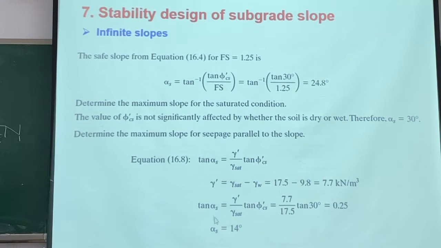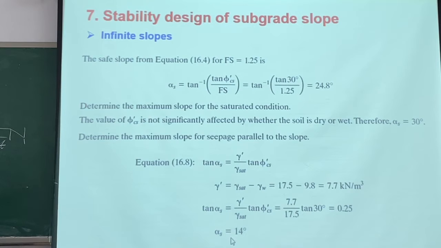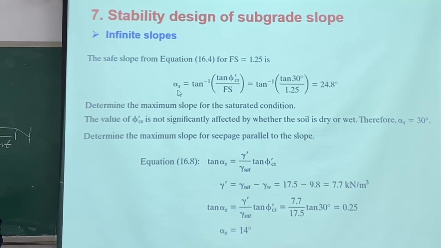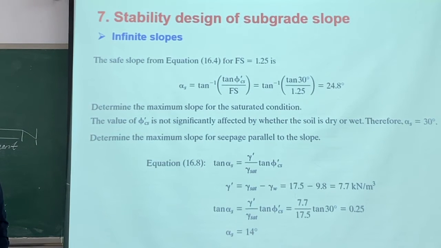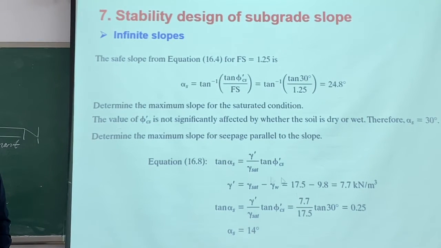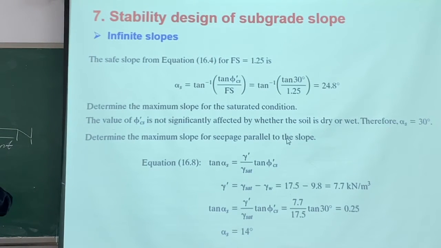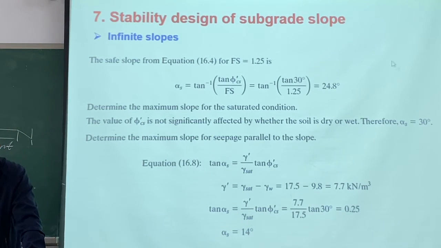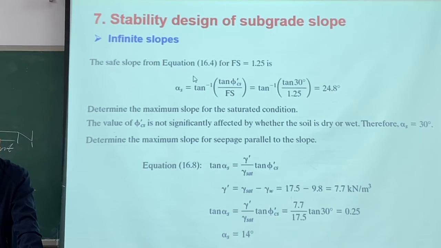According to this, we can know that alpha is 14 degrees, and before it is 24.8 degrees. So when we calculate the saturated condition, it is less than the dry state.